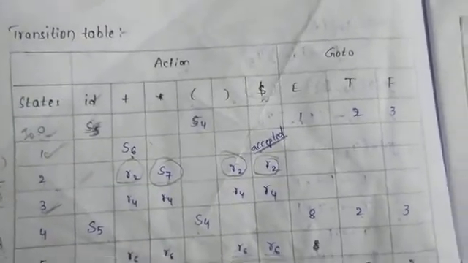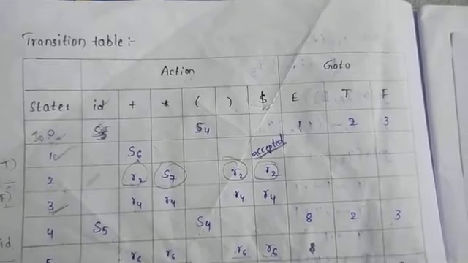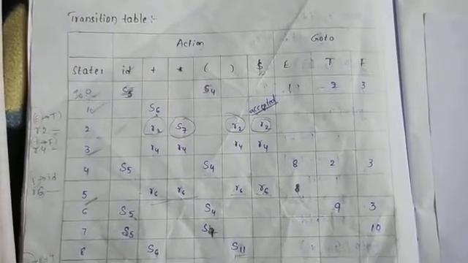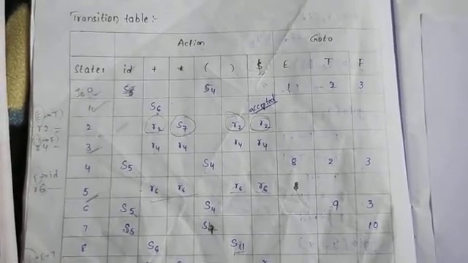So by this process we are placing all reductions. Now this entire table will consist of all shifts and reduces, that is actions and goto statements. Actions are terminals and goto are non-terminals. Shift means moving from one state to another state, and reduction means the final production will be replaced with the root element.